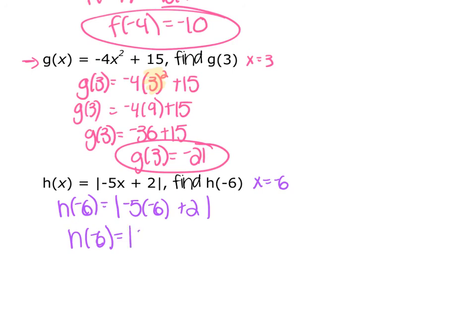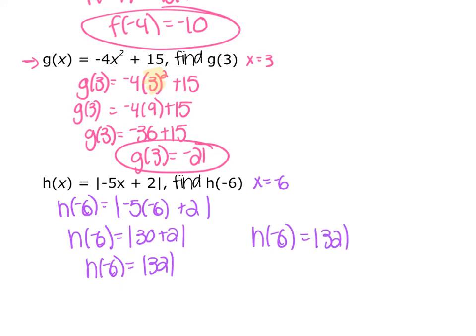Negative 5 times negative 6 is 30. Then I do 30 plus 2, and I get the absolute value of 32. Then I take the absolute value of 32, and I find that h of negative 6 is 32.